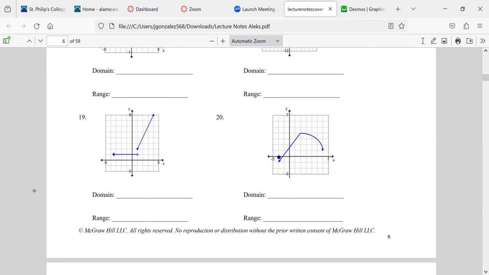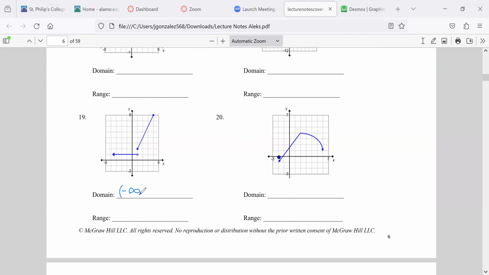Okay, what did you get for 19? Negative 38. Yeah, it has an arrow, so that means it keeps going forever to the negative.